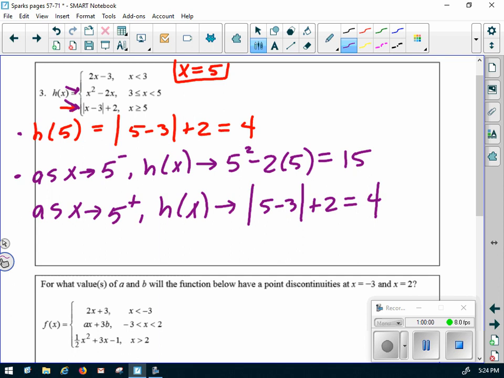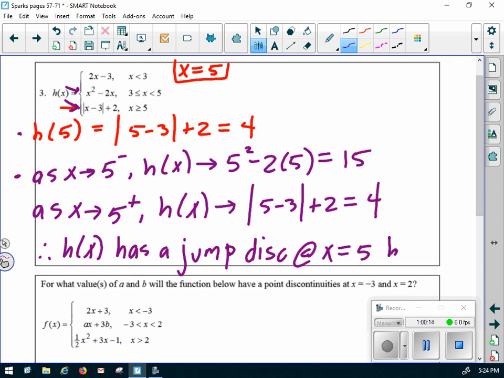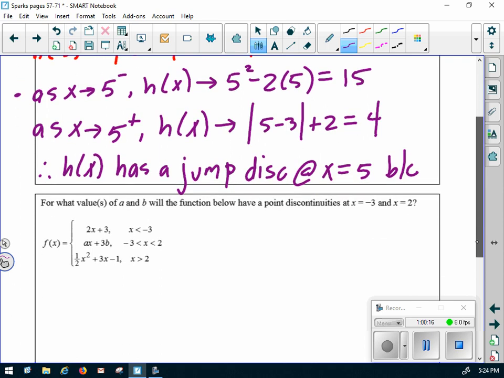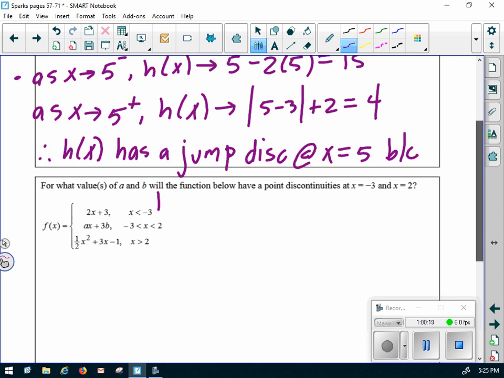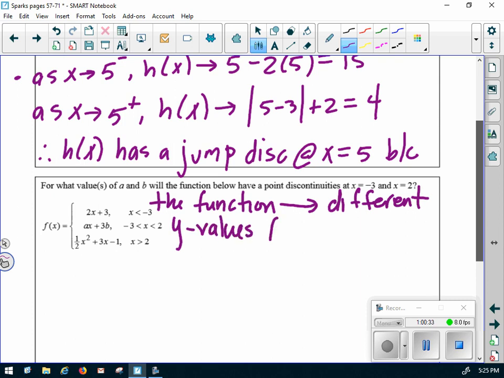So h of x has a jump discontinuity at x equals 5 because the function approaches different y values from the left and the right.